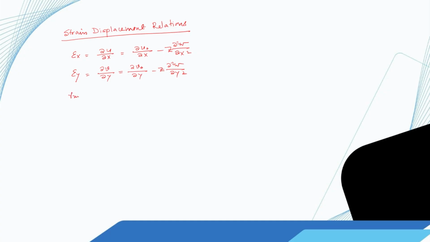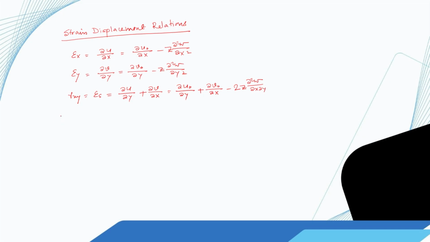And we have gamma x y, which we also write as epsilon s, and that comes as del u by del y plus del v by del x. We can write this as del u 0 by del y plus del v 0 by del x minus 2 z into del 2 w by del x del y.